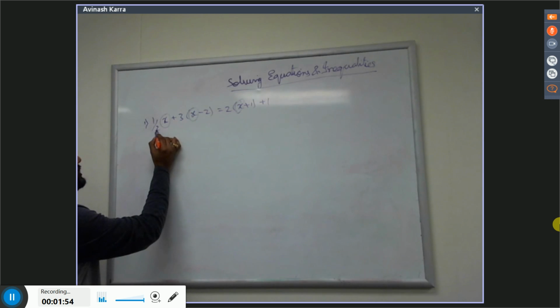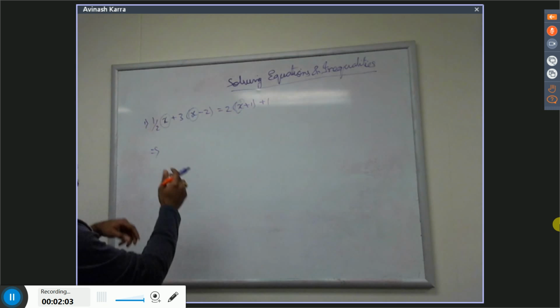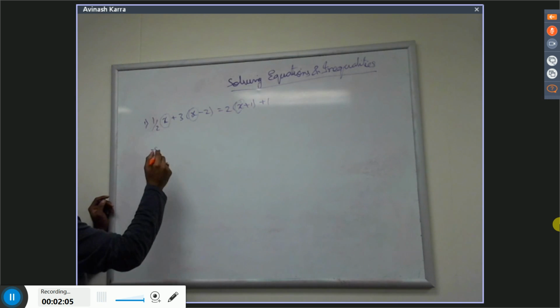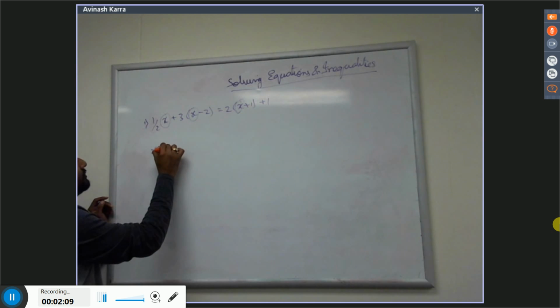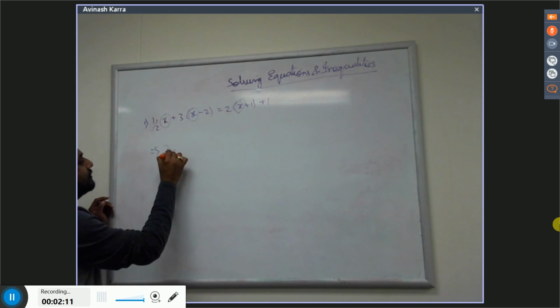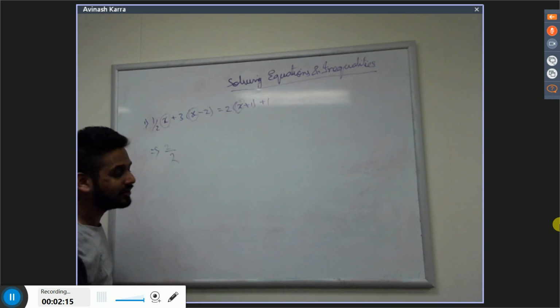First, we need to get rid of this fraction. To get rid of this fraction, what you need to do? You need to multiply by 2 on both sides, so that this 2 will get cancelled, right? So when I multiply 2 with both sides, what happens? 2 into 1 by 2, I think, is it visible?